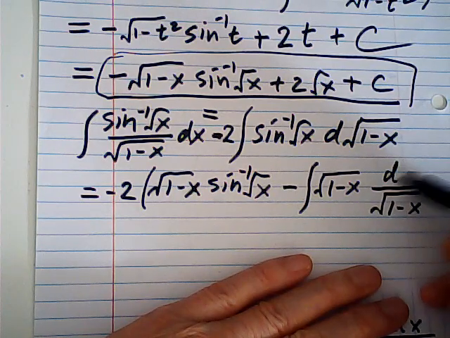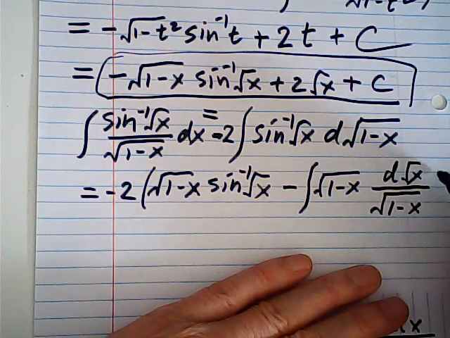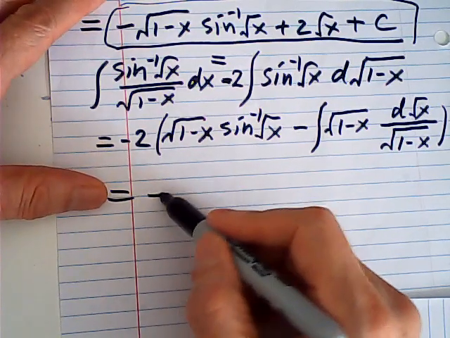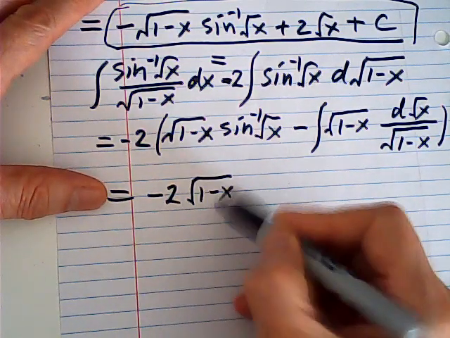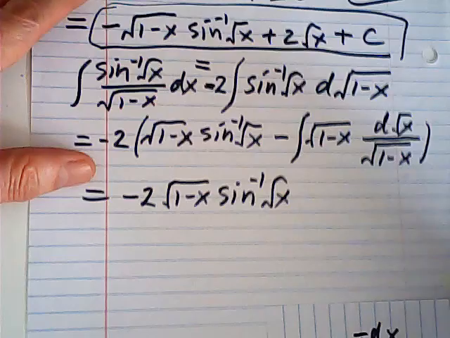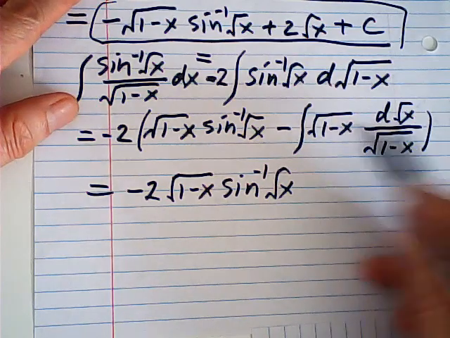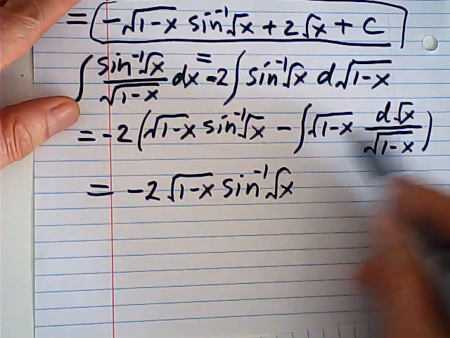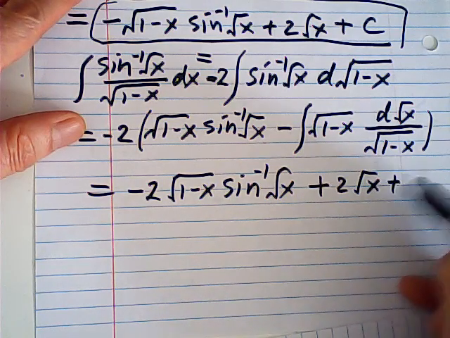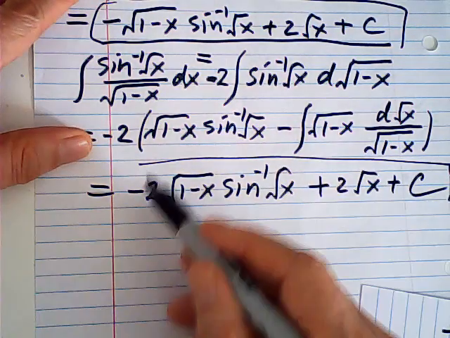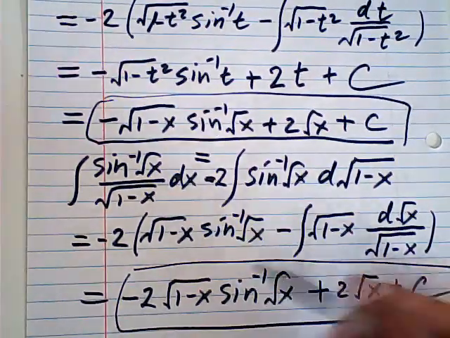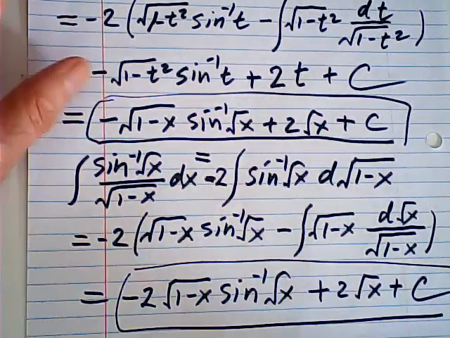You have the derivative of a square root. Now this is equal to minus 2, 1 minus x, arcsine inverse x. This is cancel out. The integral of d root x is root x. So this becomes 2 root x. See, so that is the same result. But in this method, I'm not showing the substitution.